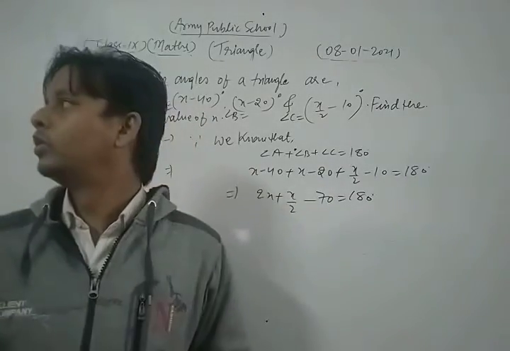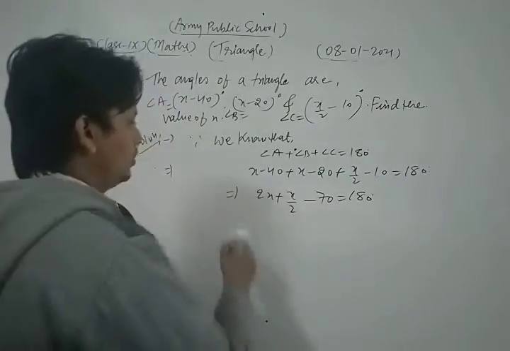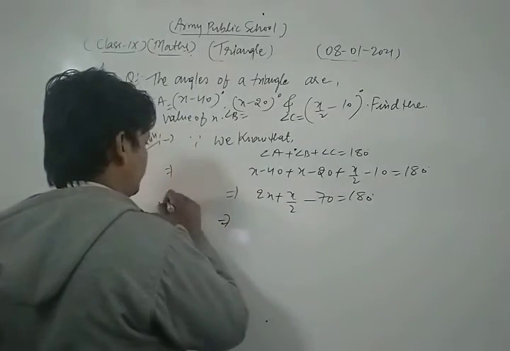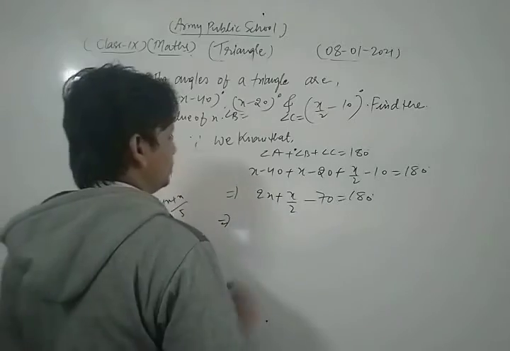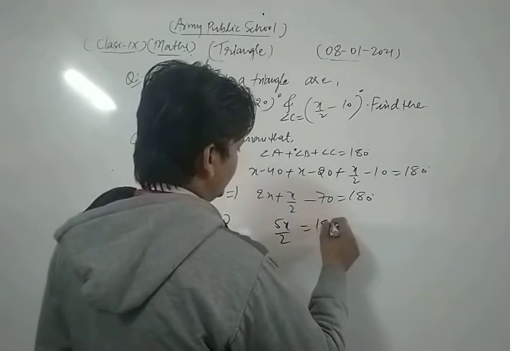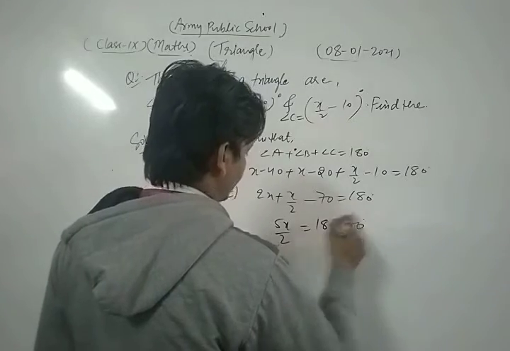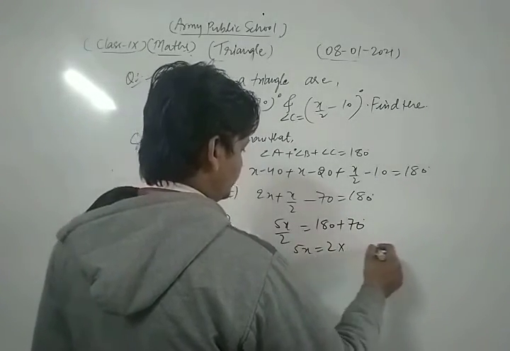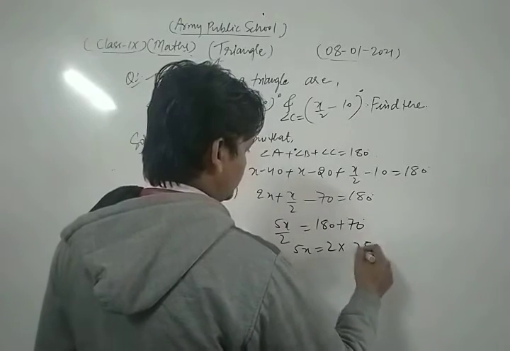Now we get 2x plus x by 2, that is 4x plus x means 5x by 2, equal to 180 plus 70 degree. So we get 5x is equal to 2 into 250.